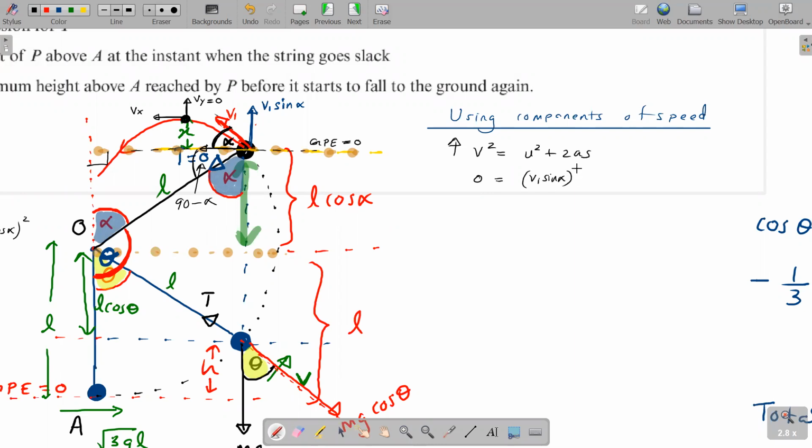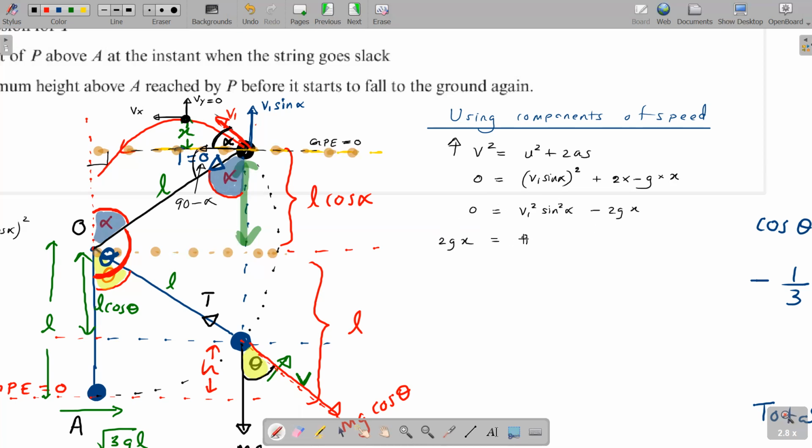I'm showing you how to get the same answer with a different method. So (V1 sin alpha)² plus 2 into acceleration. Your projectile is moving upward, therefore g is negative, and s is the distance x. So 0 equals V1² sin² alpha minus 2gx. Take minus 2gx to the other side, plus 2gx.